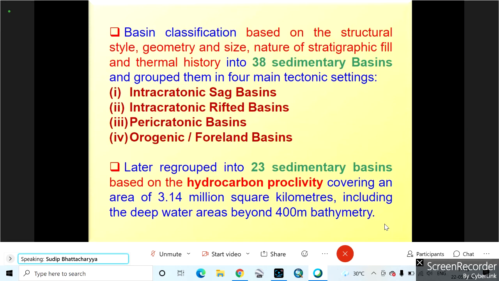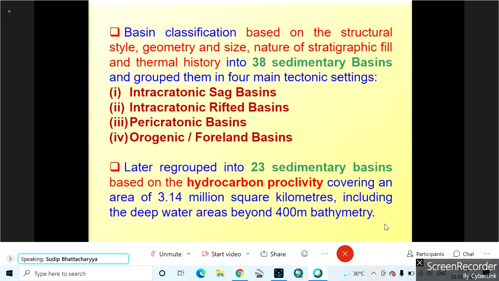In a review paper, it has been shown that altogether, the large, small, minor, all these sedimentary basins, constitute almost 38 sedimentary basins in the Indian subcontinent. And all these 38 sedimentary basins may be grouped into 4 main tectonic settings as we have discussed right now.